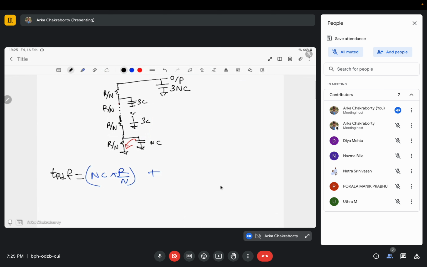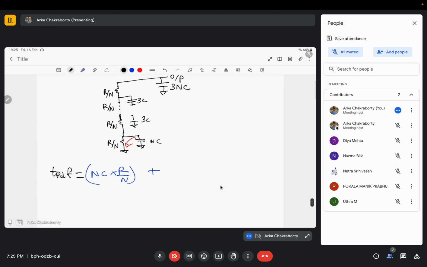Okay. So now this one is discharging, right? This one is discharging now. So how much would it be? R by n plus R by n into NC.